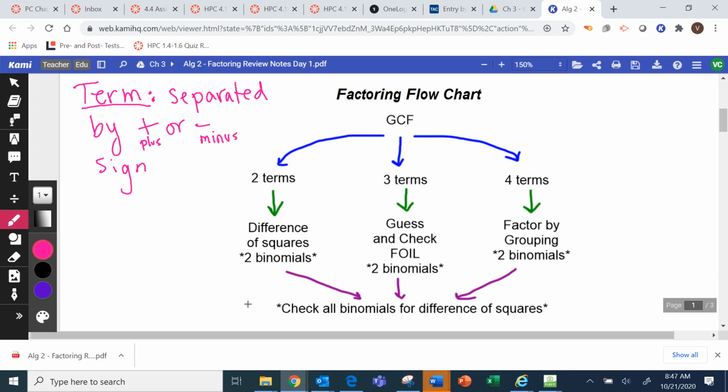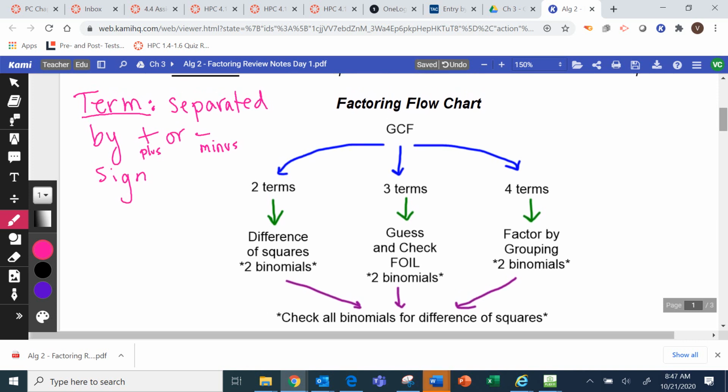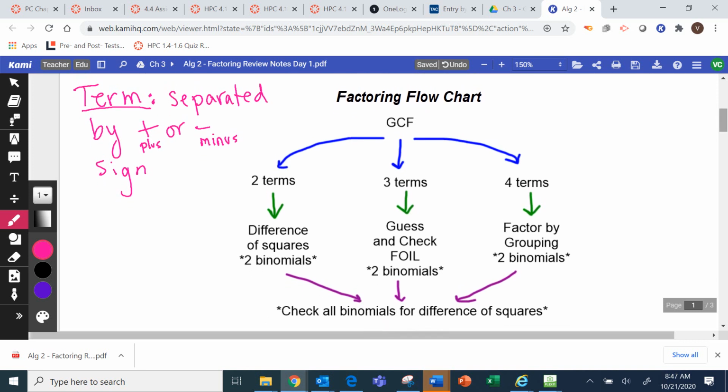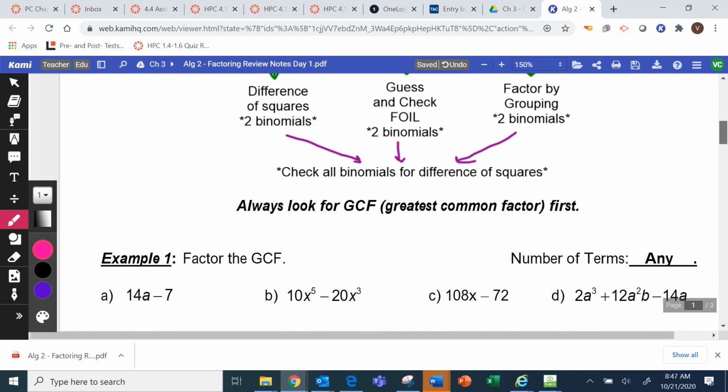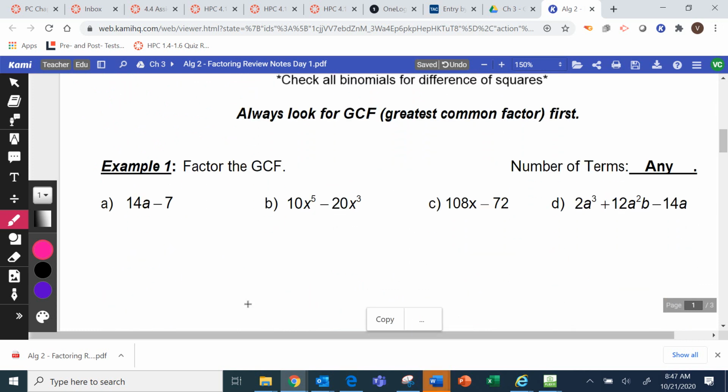So just looking ahead, I'm going to come back to this factor flow chart in a moment. If I were talking about the number of terms in question A, I'm going to look for any plus or minus signs. Here's one. So how many terms does that separate? 2 terms.